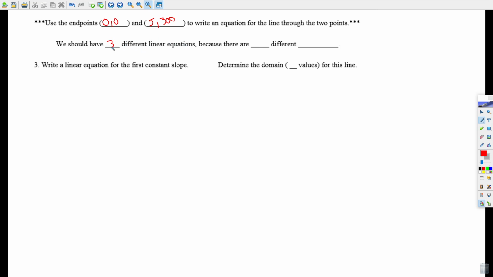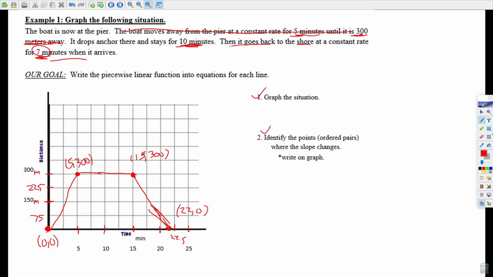I just talked about that. We should have 3 because there are 3 different slopes. It changes and has 3 different ones total. Write a linear equation for the first constant slope. So we're going to do the first one back here. Kind of highlight that. We're going to do that one there.